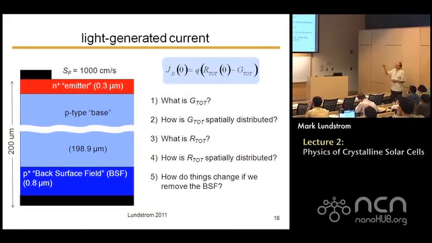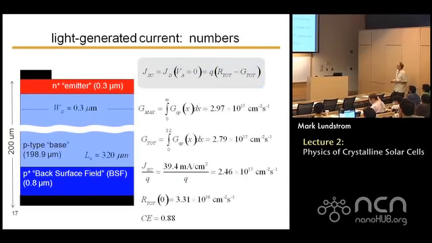What percent of them are generated in the N+ emitter, what percent of them are generated in the P-type base? We'd also like to know how many of them are recombining, what's the total recombination. We'll be careful to include the recombination at the contacts in that. And then I'll ask, well, how good is this back surface field? If I put it in or take it off, how do things change? All right. Okay, so these are calculations that we can do.